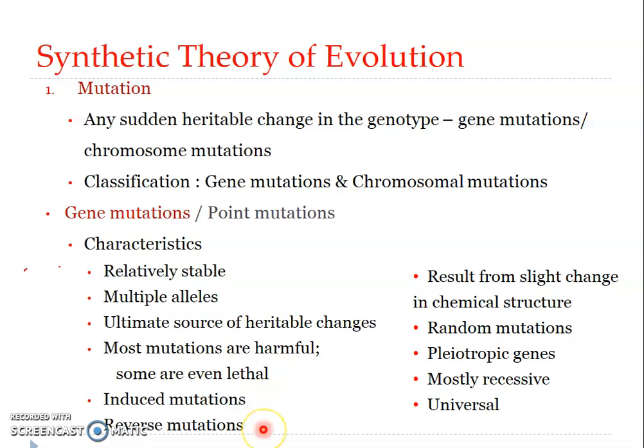Some gene mutations can revert back to the original condition, and gene mutations result from slight changes in the chemical structure of DNA segments. The mutations are usually random and spontaneous, even undirected and accidental.